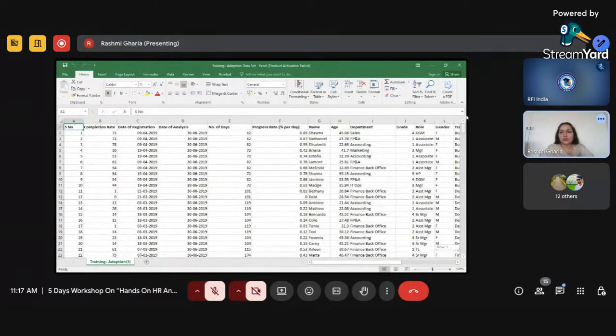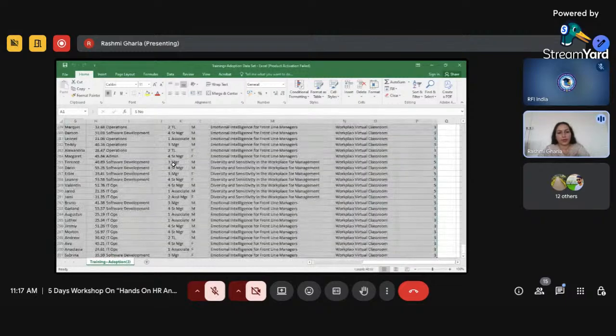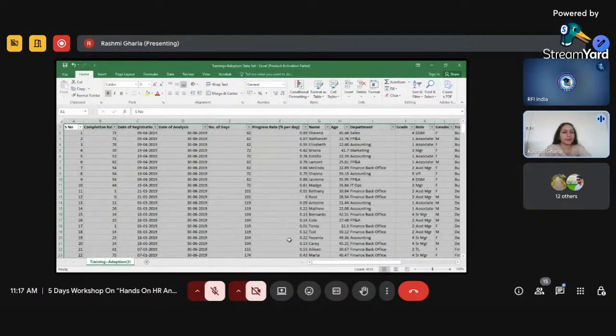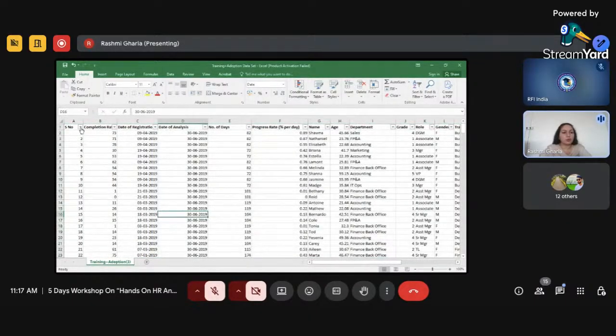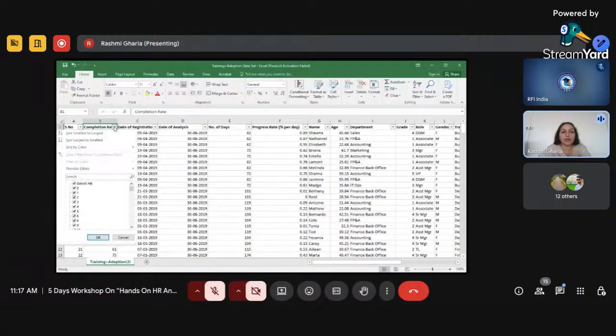First of all, what I'm doing is Control A, apply the filter, or you can use the shortcut Alt 80, right? So the company has planned a training program for 300 employees, and another variable that they have given is completion rate. This is the most important column for us, right?